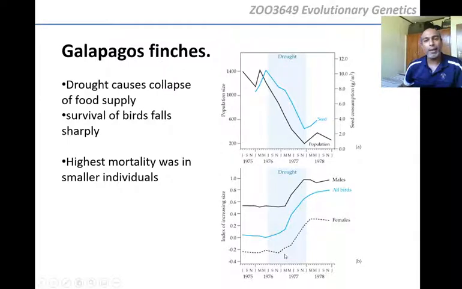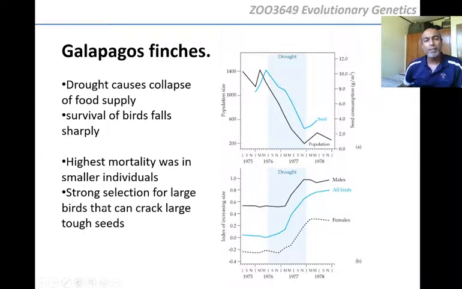Why? This is telling you that there was a very strong selection for large birds that can crack the tough seeds that are remaining. This small population remaining, only the ones with the biggest beaks are the ones that are surviving here and eating those hard seeds.